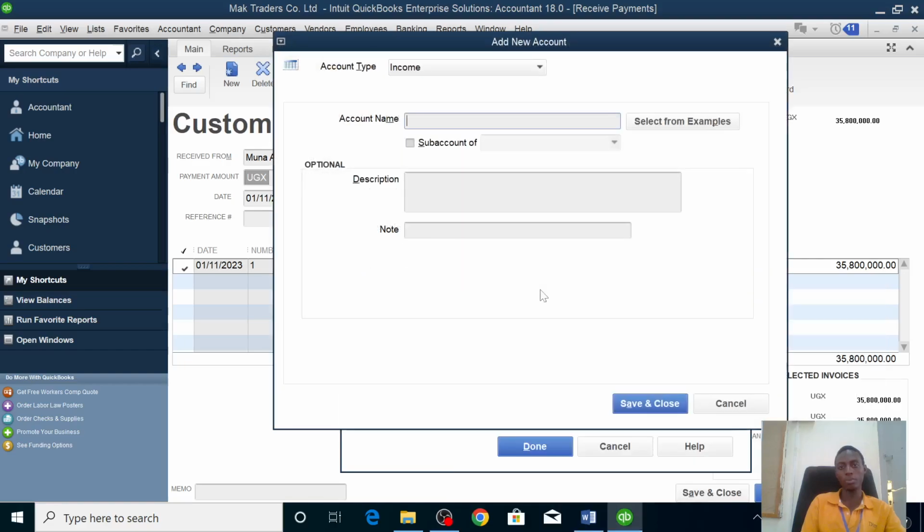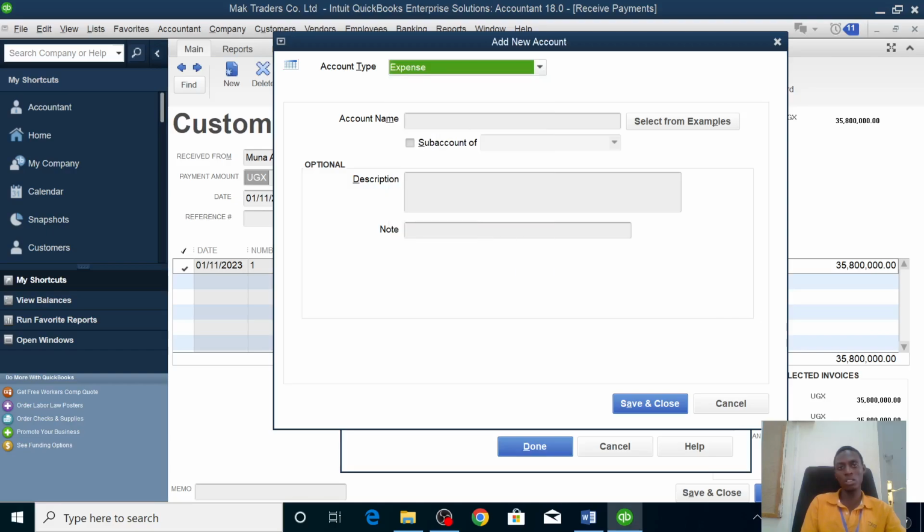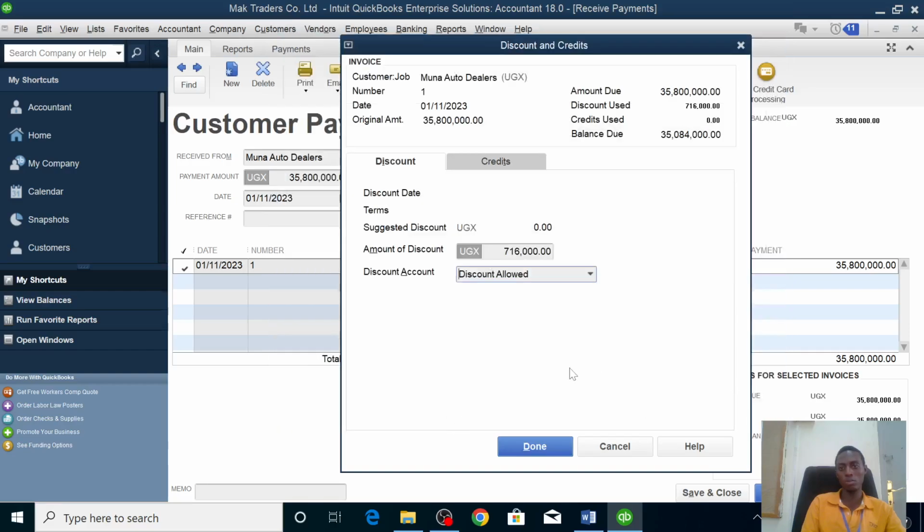I add a new one. Since this was the discount allowed, it's an expense to the business, so I select expense. Account name as discount allowed. I say save and close.